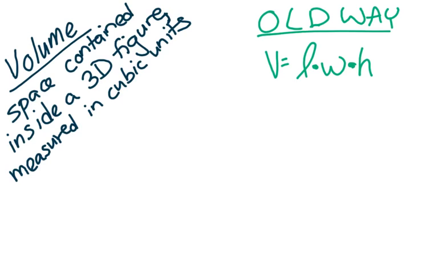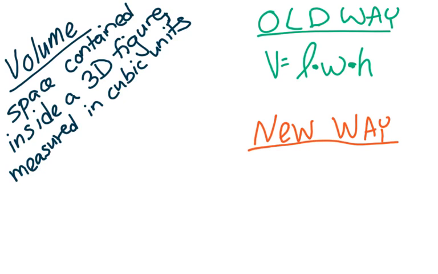We're going to talk in 7th grade about a new way. A new way that is a better way, because this volume formula works for every prism in the entire world, not just cubes and rectangular prisms. So the new way is to think volume equals base area times height.